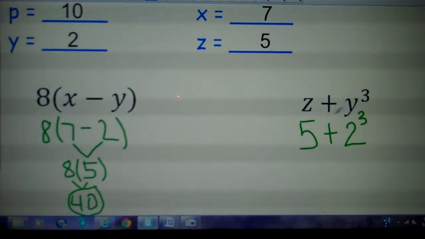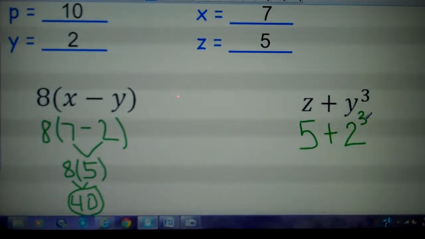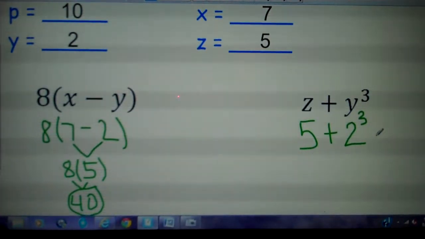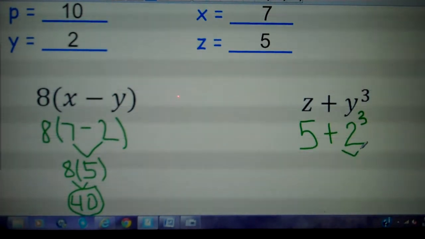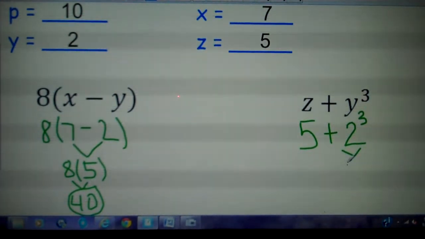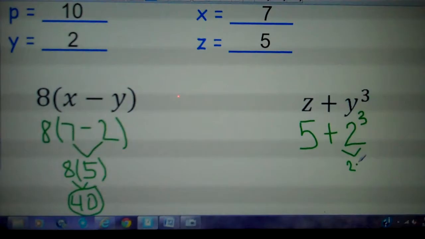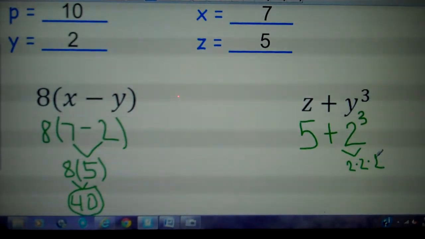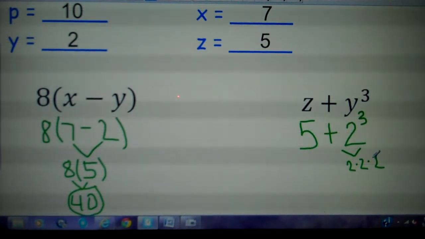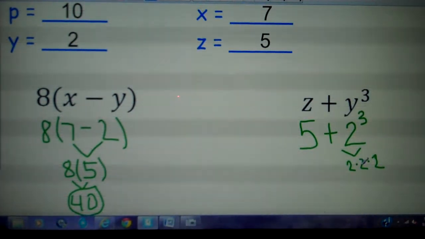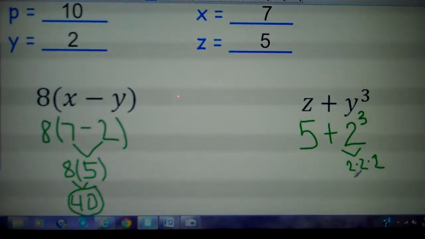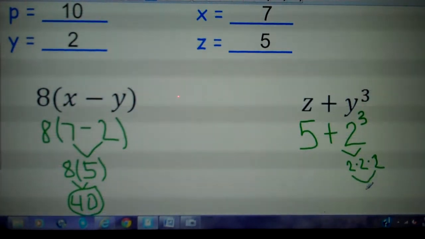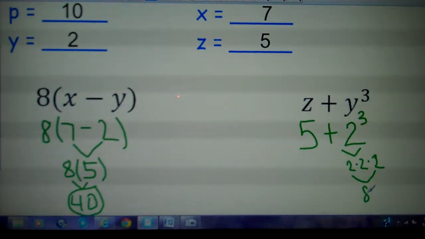So I've got two operations here, addition and an exponent. And remember, from PEMDAS, we do the exponent first. And this means 2 times 2 times 2. And 2 times 2 is 4, times 2 is 8.